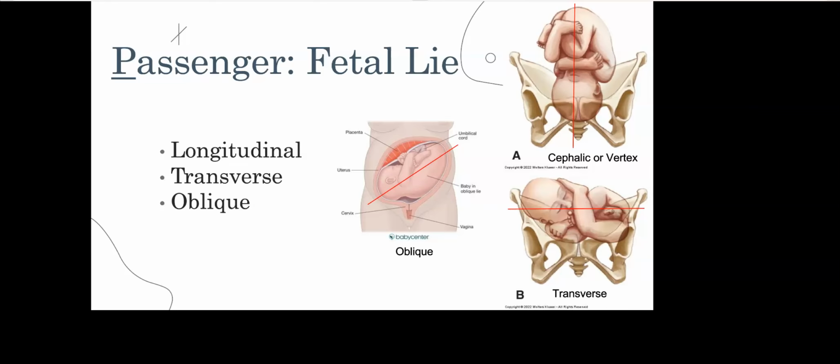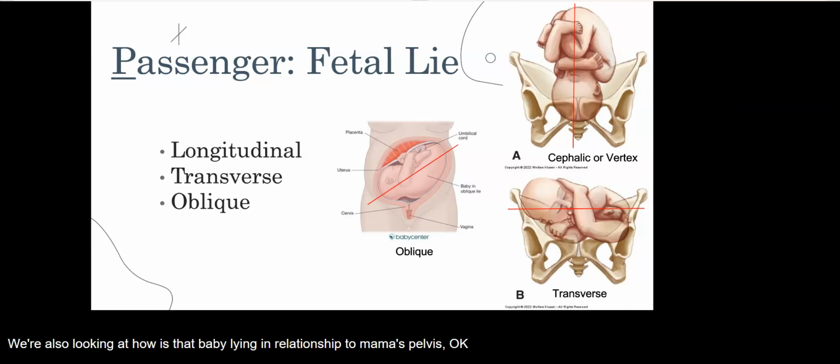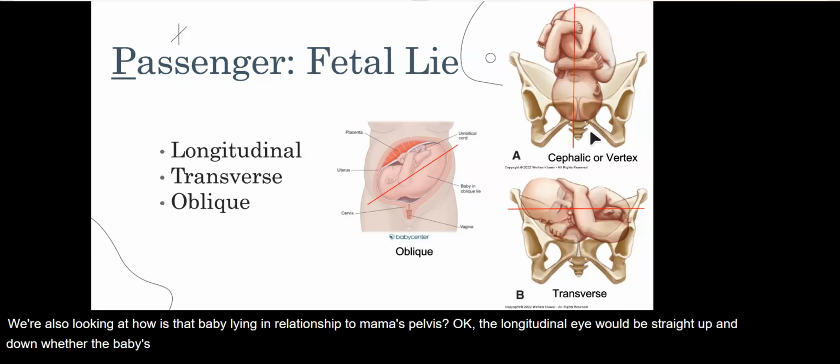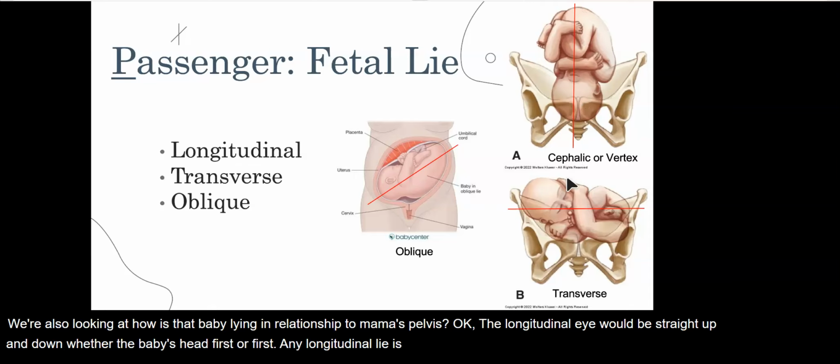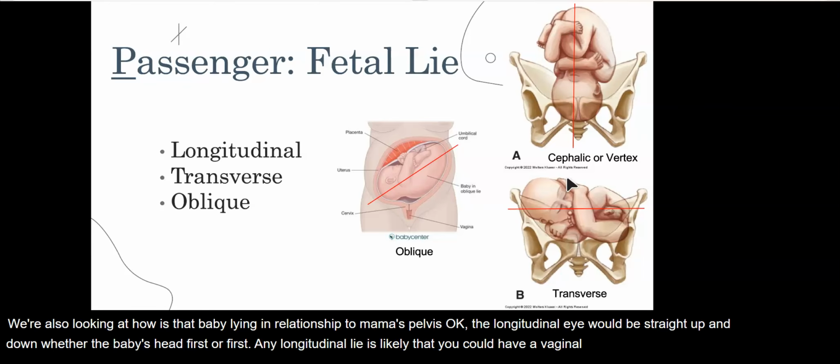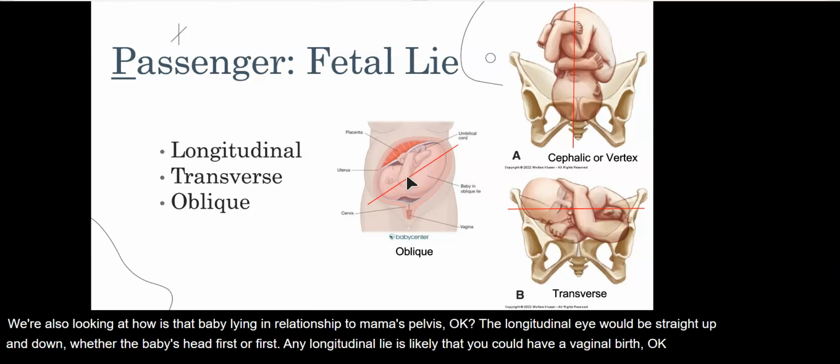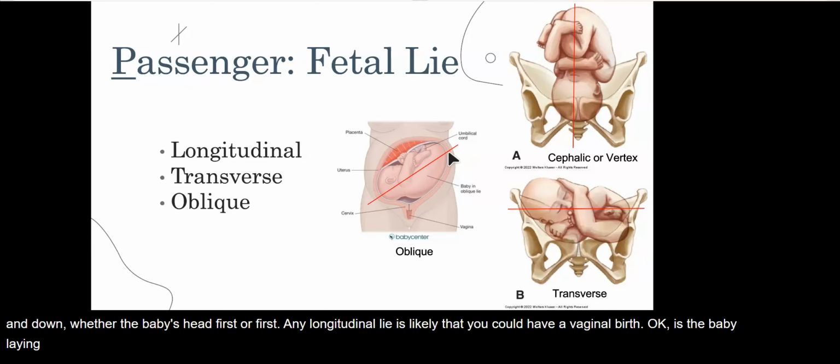We're also looking at how is that baby lying in relationship to mama's pelvis, okay? The longitudinal lie would be straight up and down, whether the baby's head first or butt first. Any longitudinal lie is likely that you could have a vaginal birth, okay? Is the baby laying crosswise or oblique?